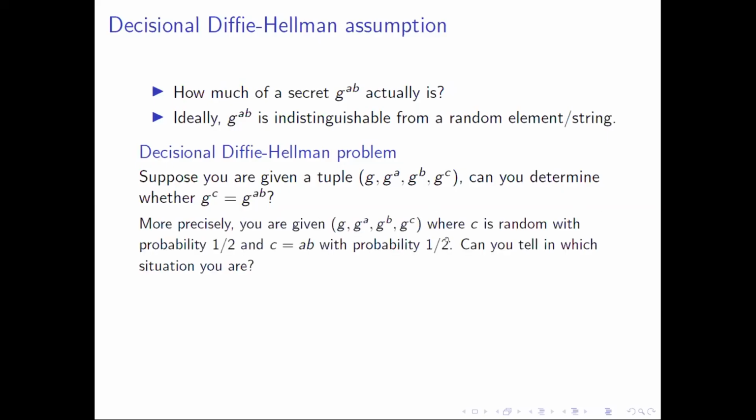More precisely, with probability 1/2 the exponent c was random, and with probability 1/2 the exponent was the correct one, c = a times b. Can you tell just by looking at g^c?